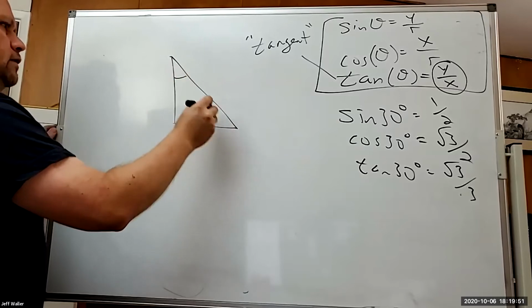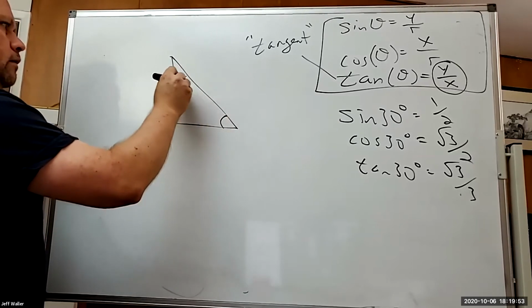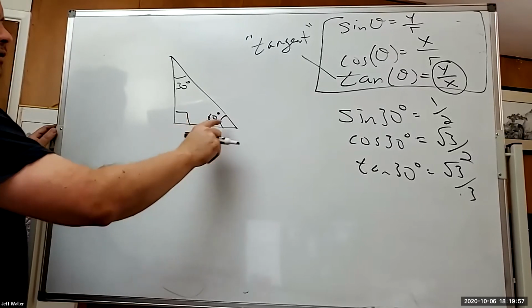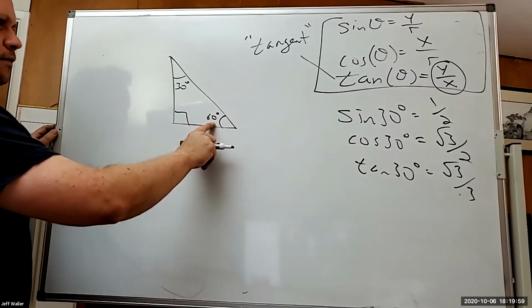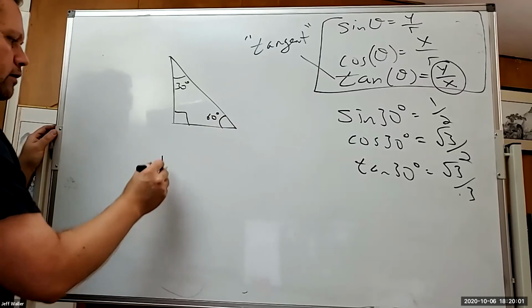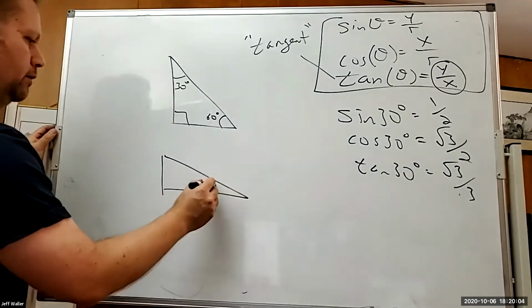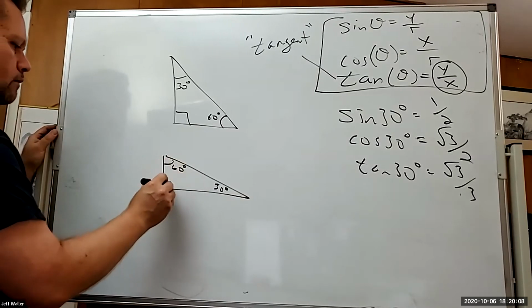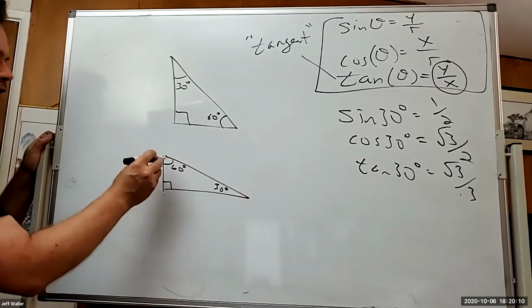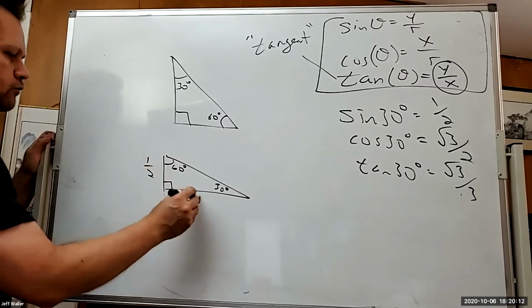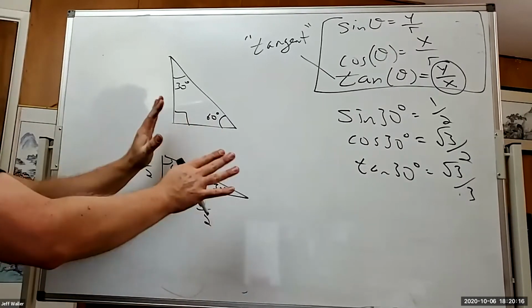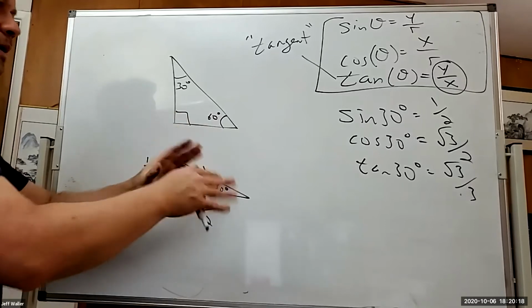So I don't know if you guys noticed this earlier. If I draw it like this, now 60 is in the base. Earlier we had it drawn with 30 in the base, right? And we had this was 1/2, and this was rad 3 over 2, and this is 1. I really want you guys to get this. This makes things make even more sense.